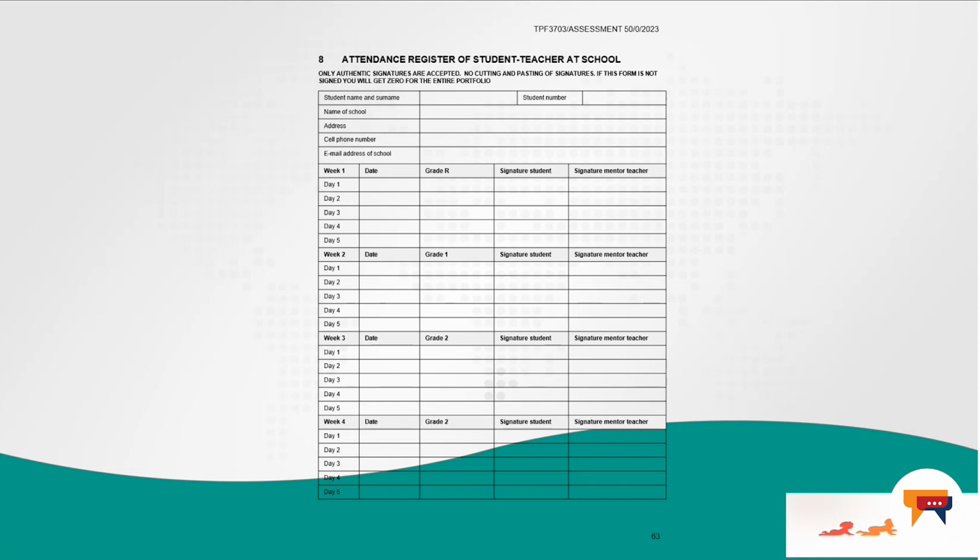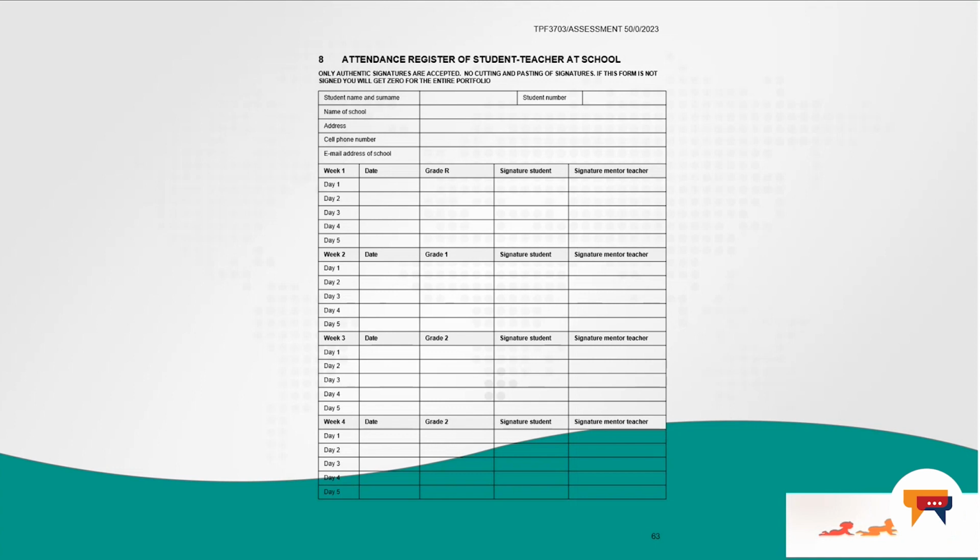Now, you write your full name and surname, your student number, the name of the school where you conducted your teaching practice, the address of the school where you conducted your teaching practice, the cell phone number, as well as the email address of the school. Week 1, it's grade R. When we say date, we say the day, the month, and the year.